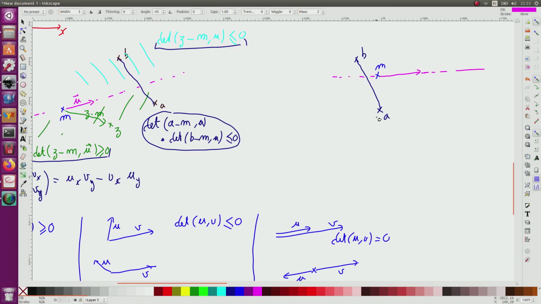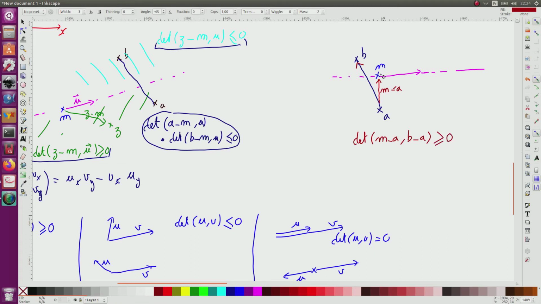So in this situation, I will form two vectors. This vector M minus A and this vector corresponds to B minus A. So in this situation, we can understand that the determinant of M minus A, B minus A in this situation is positive.